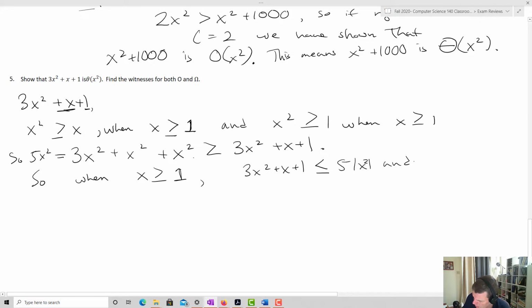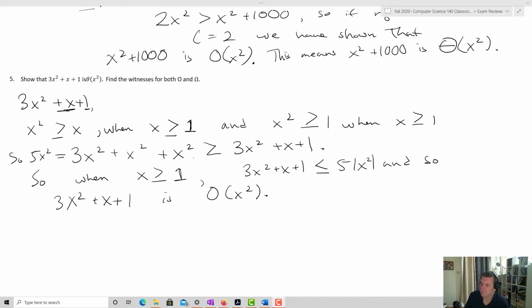And so 3x squared plus x plus 1 is O of x squared. Now we're going to prove that this function is omega of x squared.